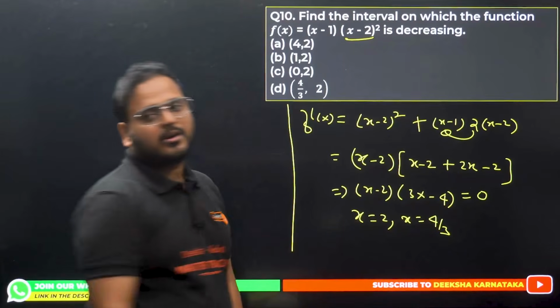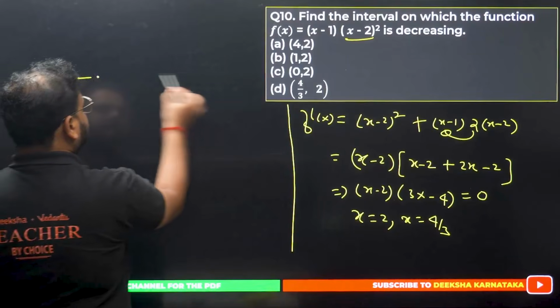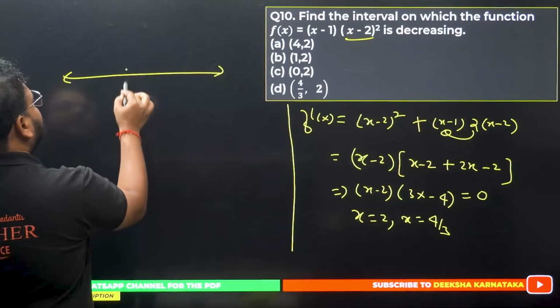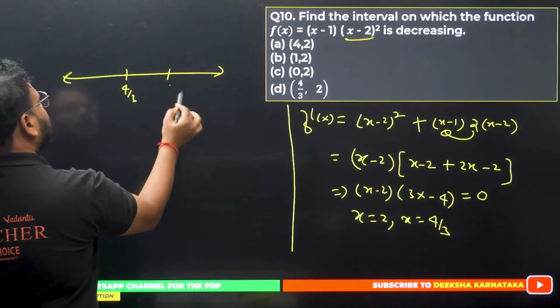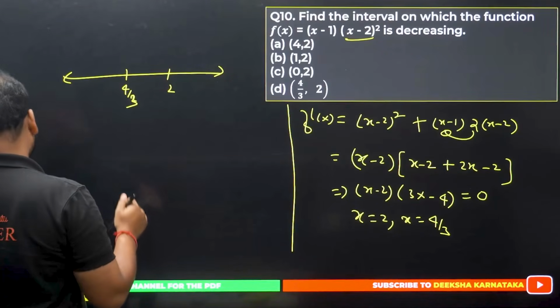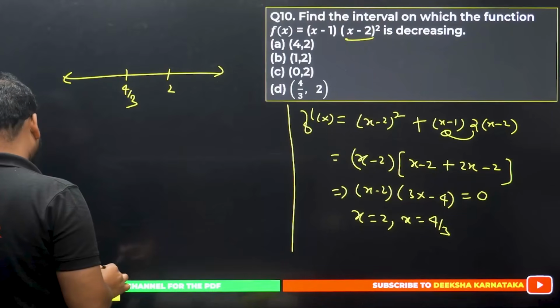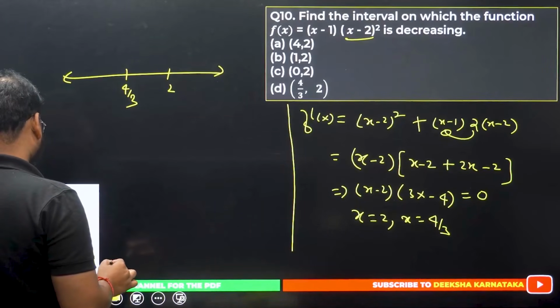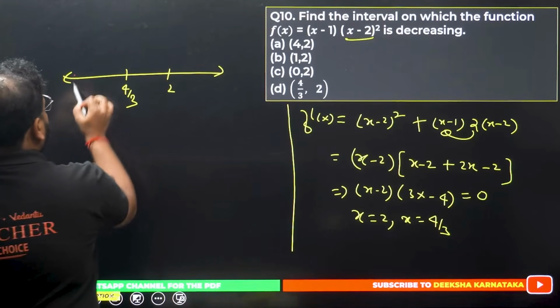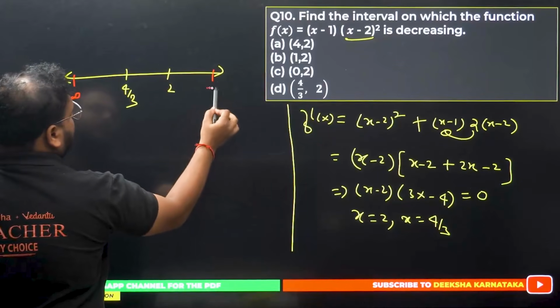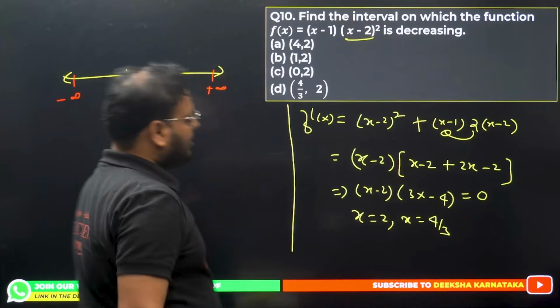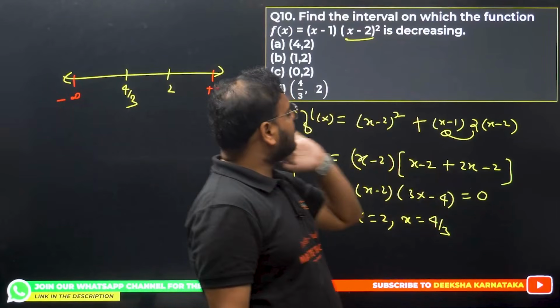Next step is to do what? Draw on the number line. 4 by 3 will come in front, right? 2 is over here because 4 by 3 is 1 point something, 1.333. This is negative infinity, this is of course plus infinity. Great. We are looking for decreasing in nature, right?